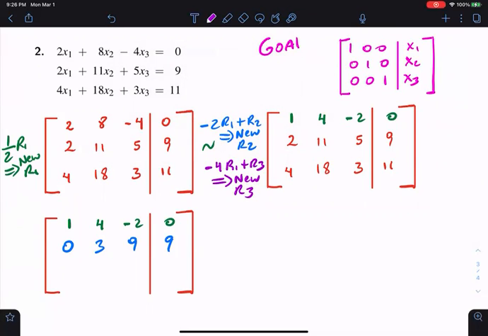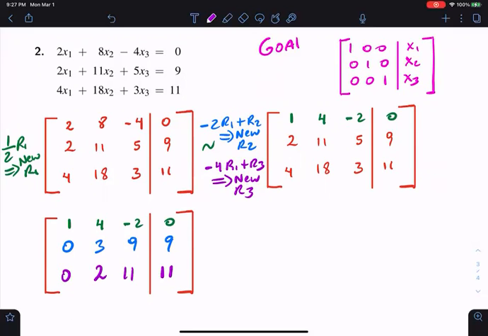So -4 times 1 is -4, -4 plus 4 is 0. -4 times 4 is -16, -16 and 18 is 2. -4 times -2 is +8. 8 and 3 gives you 11, right? -4 times 0 is 0, plus 11 is just 11. So that's what you have so far.